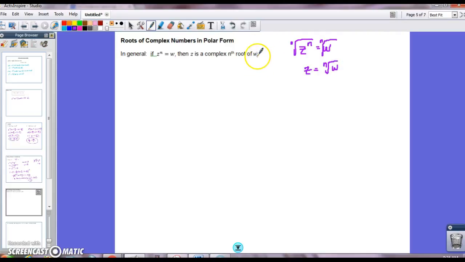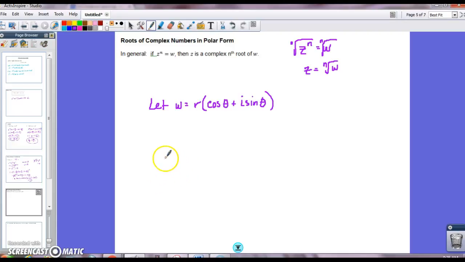Okay, so if we then apply de Moivre's theorem, and I say let w equal r cosine theta plus i sine of theta, then I can go through setting up this idea of de Moivre's theorem in the reverse.